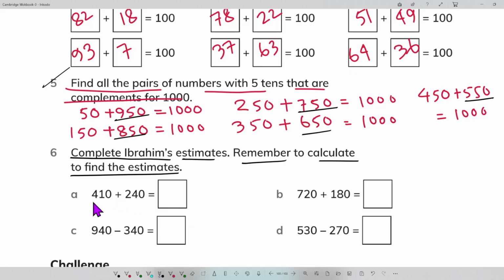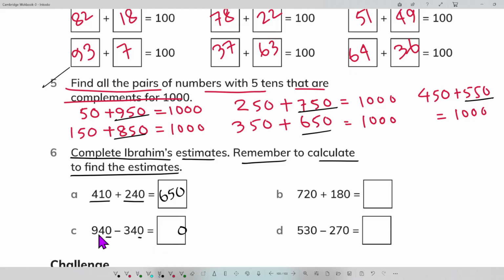So here is a 410 and 240. So it's a 00, 415 and 426. It means 650. Complete Ibrahim's estimate. Remember to calculate to find the estimate. And then here is a 00 minus 0.